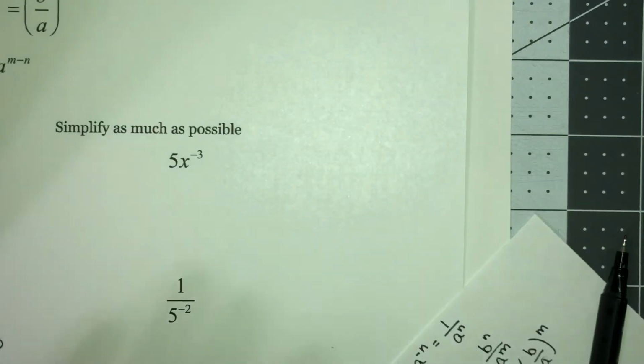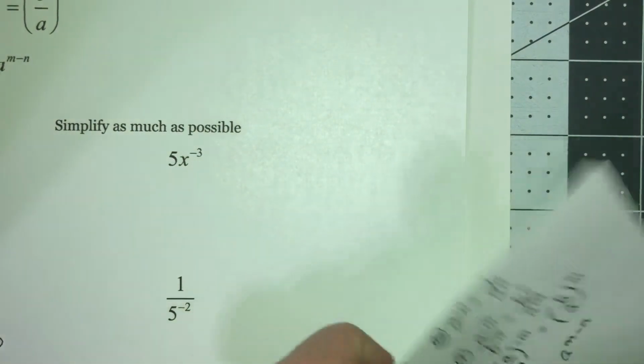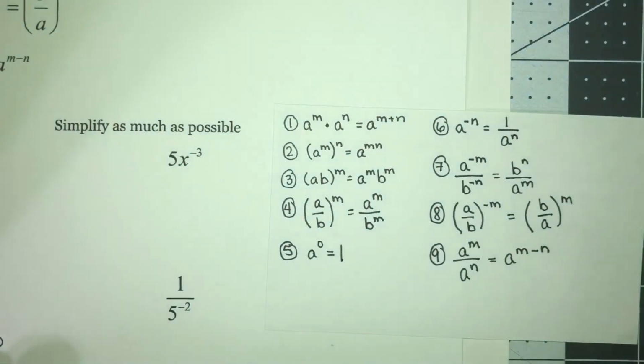Okay, let's simplify 5x to the -3. Now, the tricky thing here is even after you've worked a lot of these problems, you see a negative exponent, you know it's supposed to be moving one way or the other.